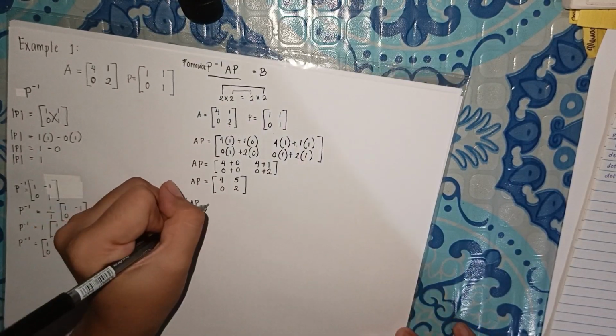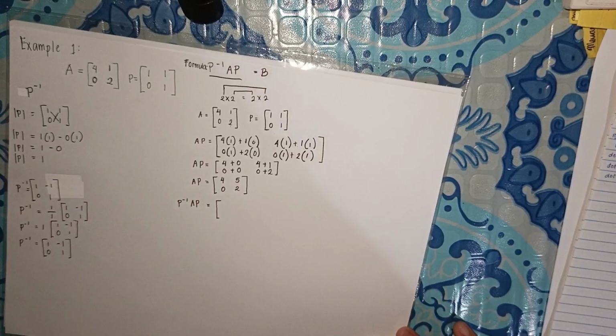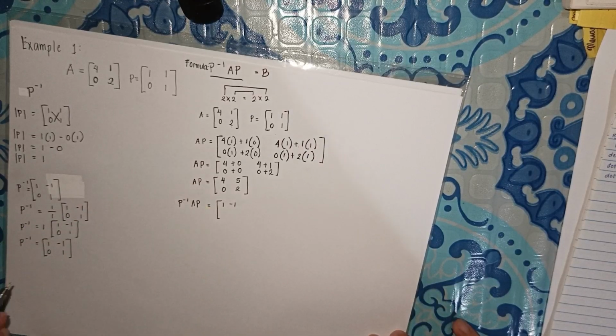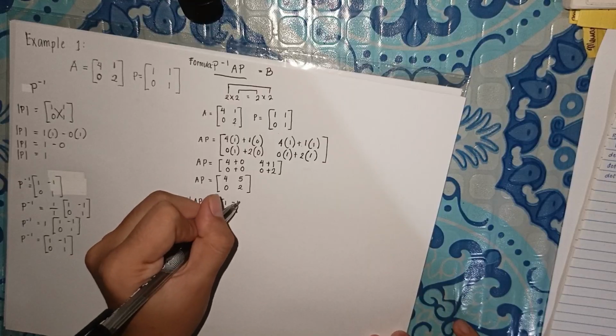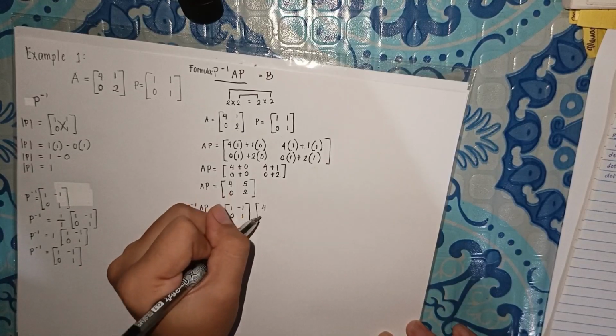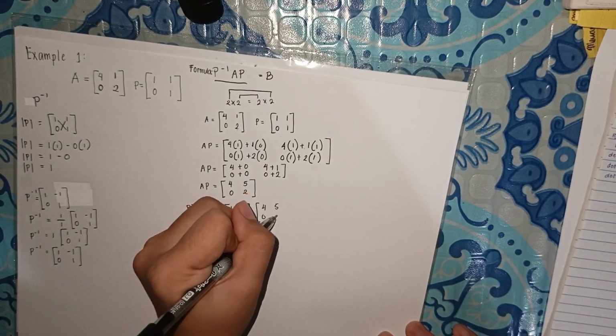So, B is equal to the inverse of P, which is 1, negative 1, 0, and 1, times our matrix A P, which is 4, 0, 5, and 2.